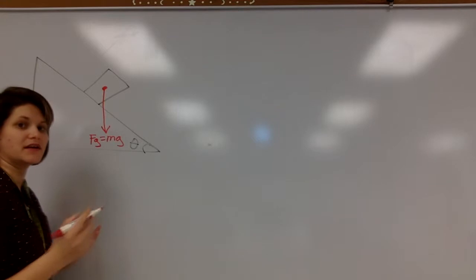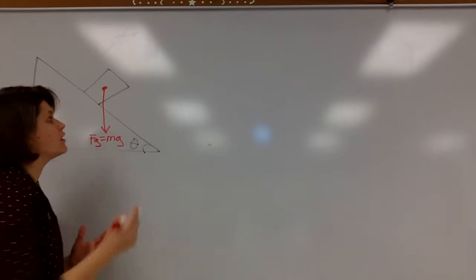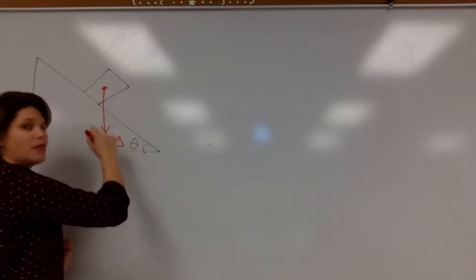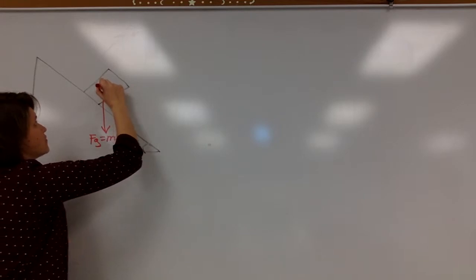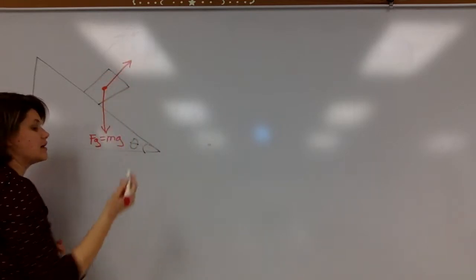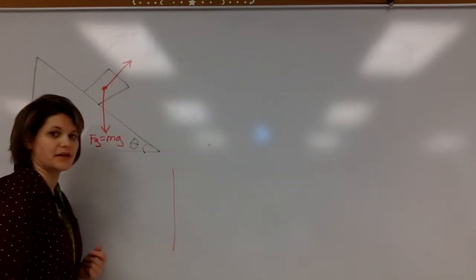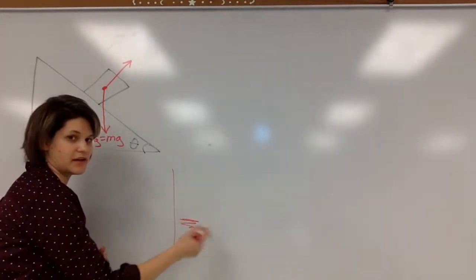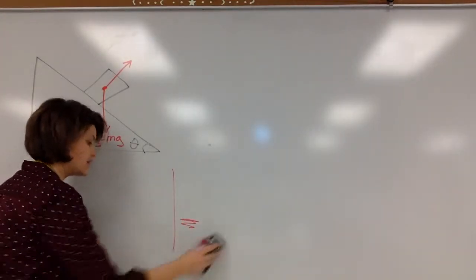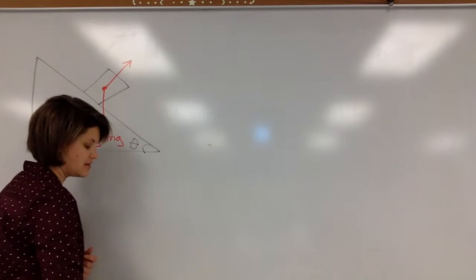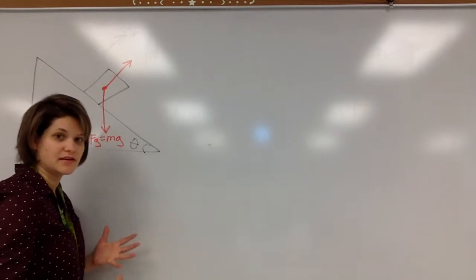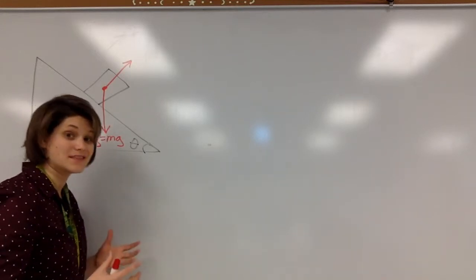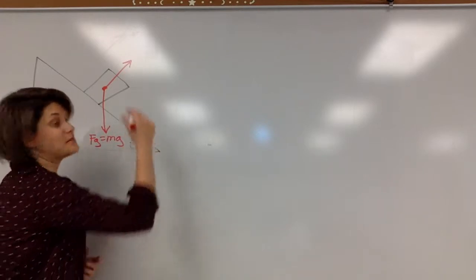Okay, what else do we know is acting on here? Well, if we've got a weight, there's going to be a normal force from that surface, unless we're straight up and down, in which case there's nothing under here to support the object anyway. If there's a surface and the object is touching that surface, and some amount of that surface is helping to support the object, there's got to be normal force.